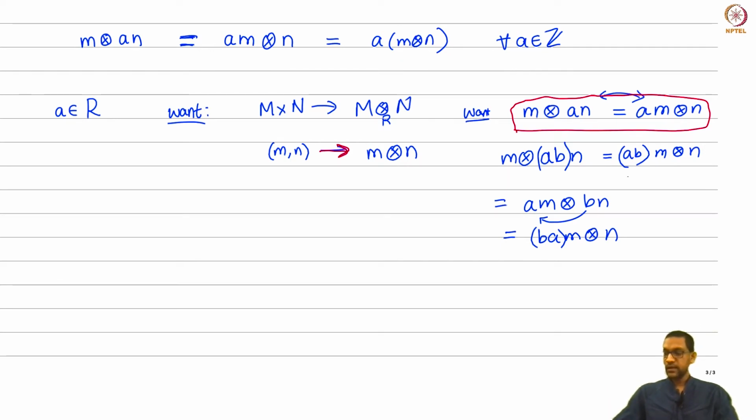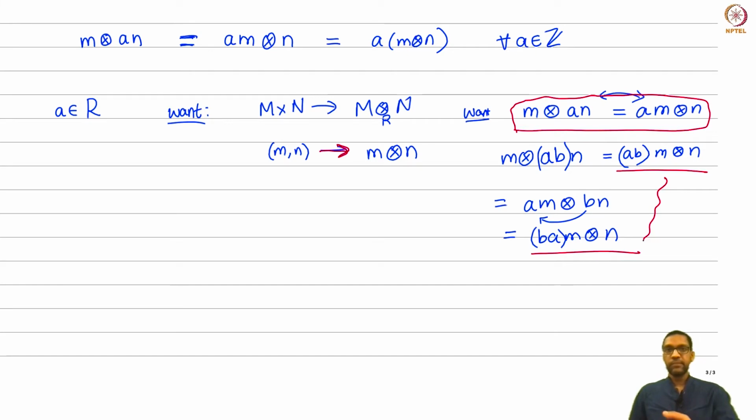So I notice that then this and this must be the same answer, okay. But of course that's not going to be true in general. No reason to expect it to be true, because ab and ba are not necessarily the same thing in a non-commutative ring. Okay, so this is sort of the trouble here. And this is sort of why you can't really take the tensor product of two left modules. Doesn't make sense.